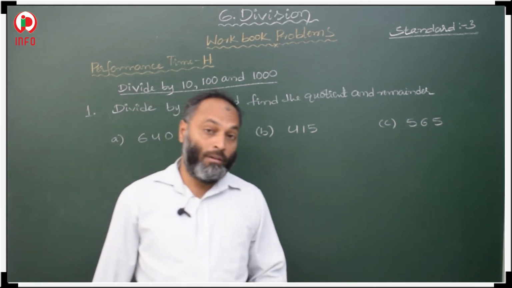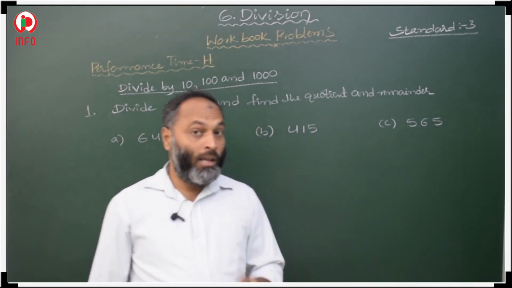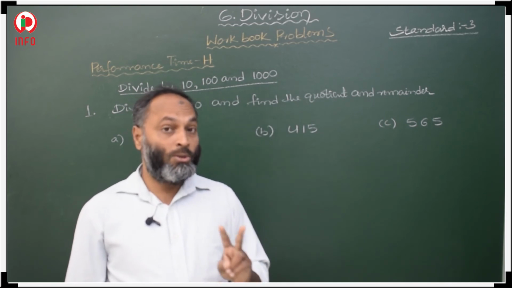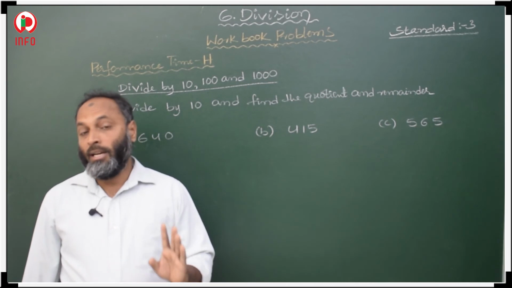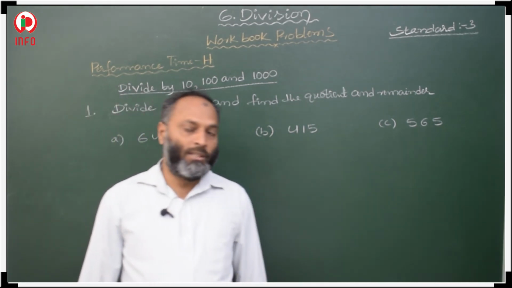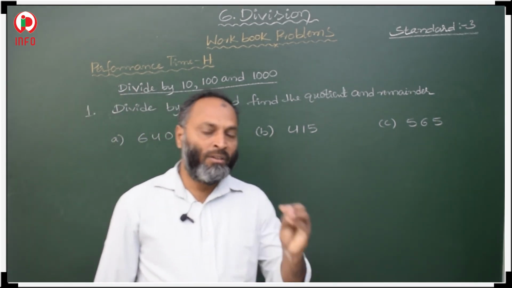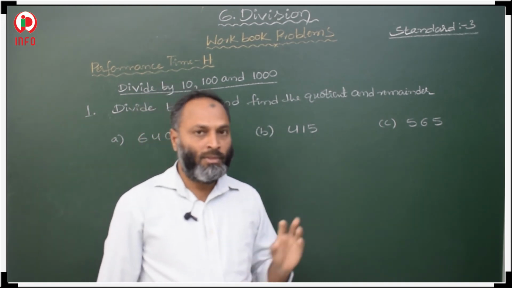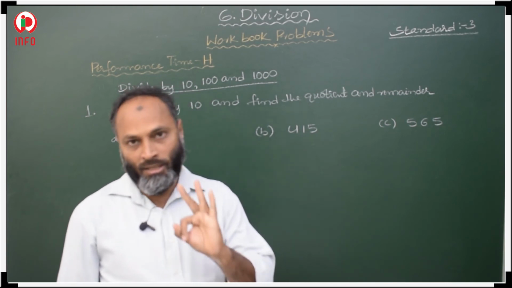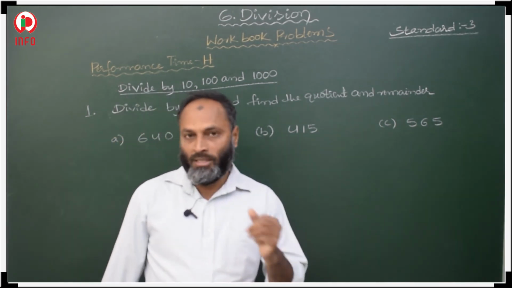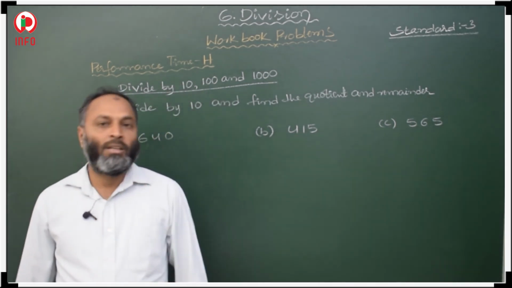When you divide with 100, the ones and tens, these two places in the given number are the remainder and the rest of the places are the quotient. When you divide with 1000, the ones, tens, hundreds, these three places in the given number are your remainder and the rest of the places are your quotient.